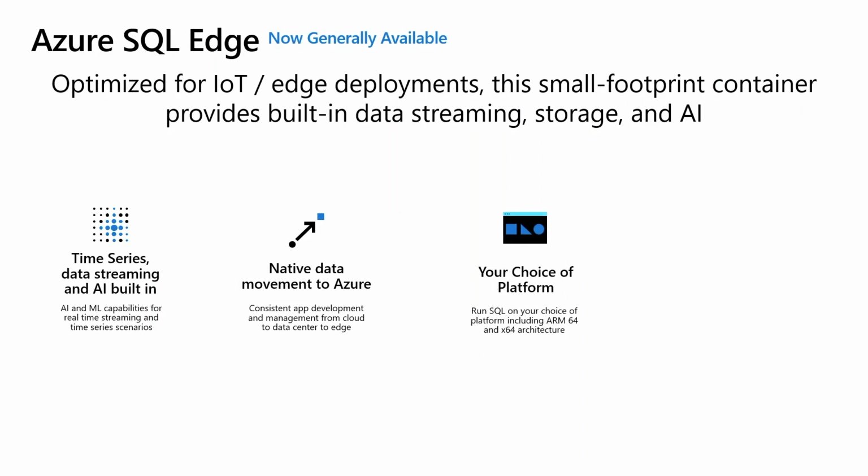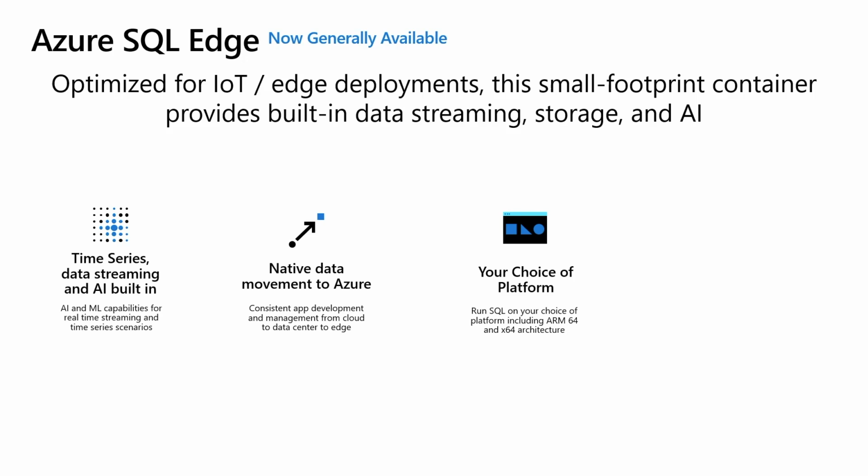The next is your choice of platform. So I already touched upon a little about this before, where we support extended device architecture. By that, I mean we support x64-based architecture, your Intel or AMD devices, and also ARM64 architecture that you find on your Raspberry Pi.